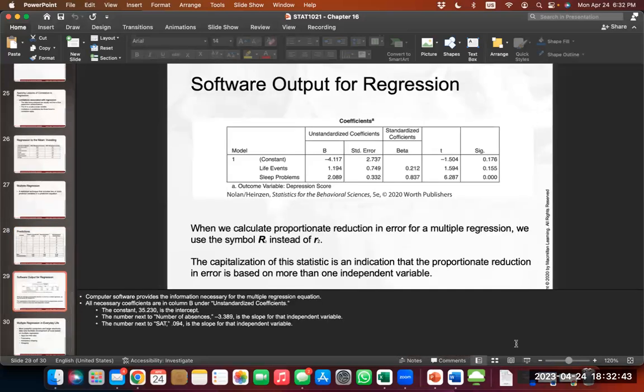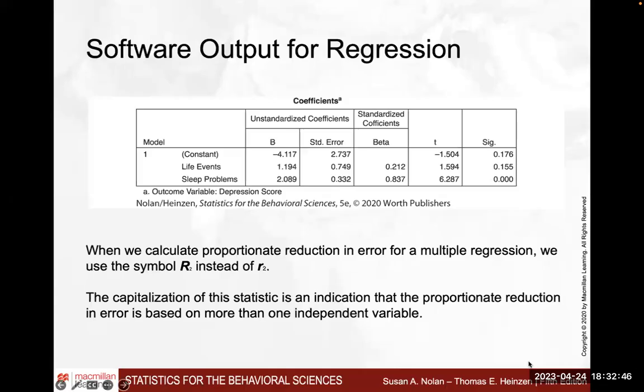This is where Norton and Heinz indicate that we should think of multiple regression. We're going to do this exercise next week on Wednesday when we have our lab day, actually in R, and we will produce a software output like the one you're seeing here in front of you. This is an output from SPSS.